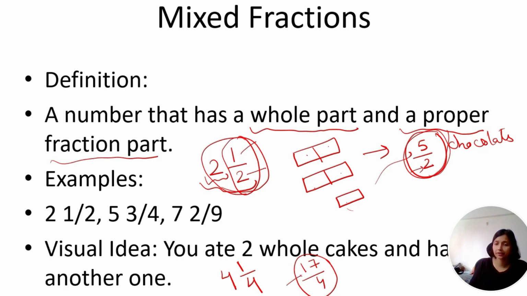How did I arrive at 17/4? If I divide each banana into 4 equal parts, then out of 4 bananas, I get 16. 4 into 4 is 16. And of the fifth banana, I had 1 part. So in total I had 17 parts, where each banana is divided into 4 equal parts. So 17/4 is the improper fraction, and the same is represented as the mixed fraction 4 1/4.